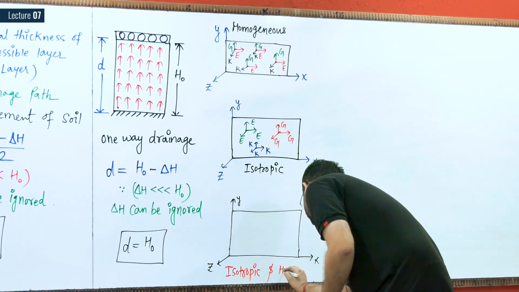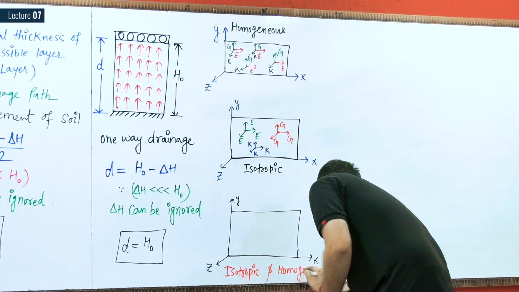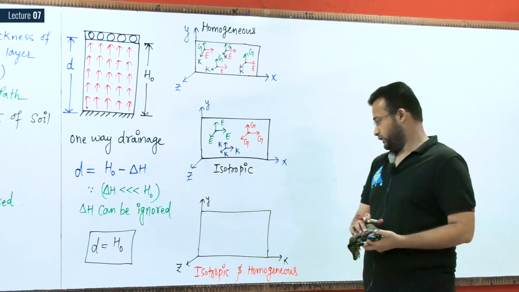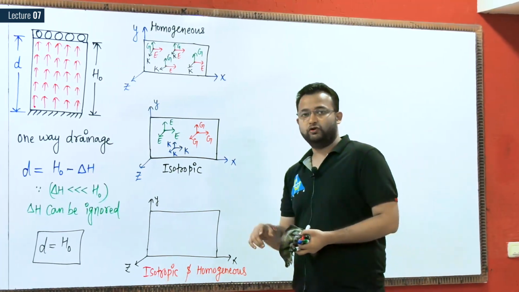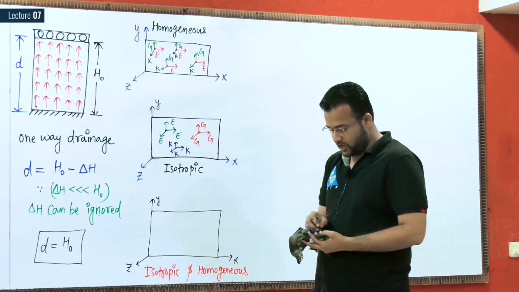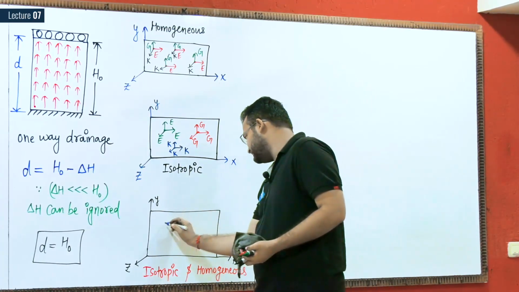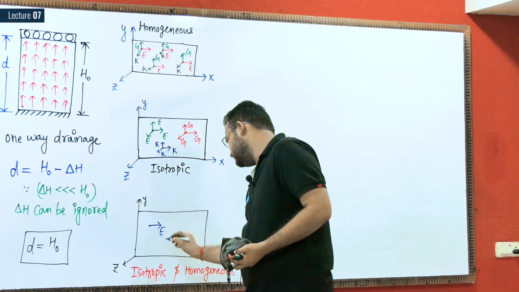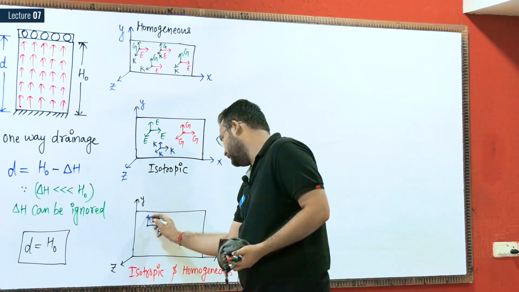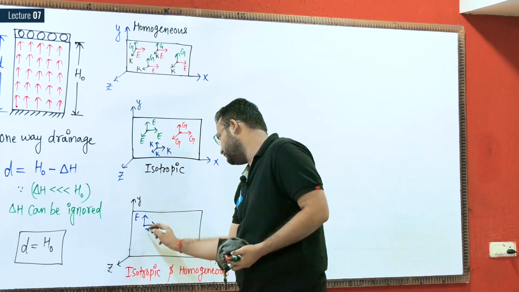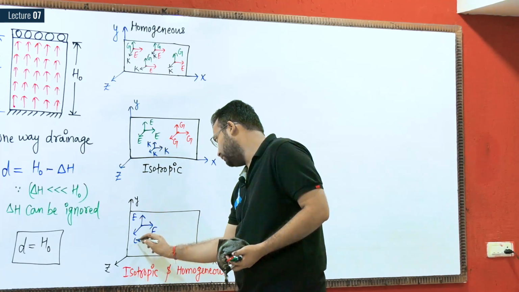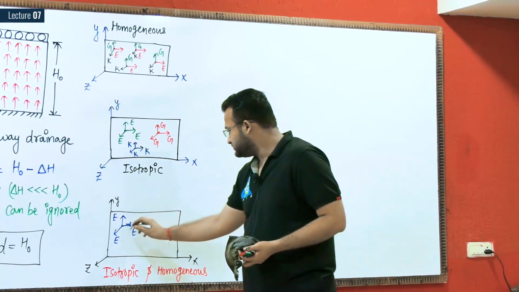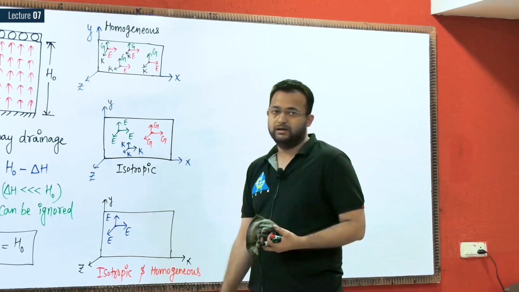If your material is isotropic as well as homogeneous, then you select any point. Suppose I select this point, in the given direction the property is E, then in this direction the property will be E, in this direction the property will be E. This shows the isotropic material.